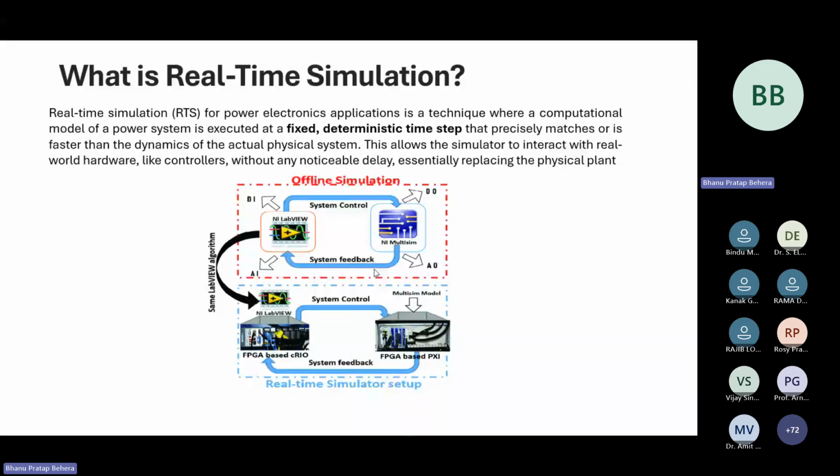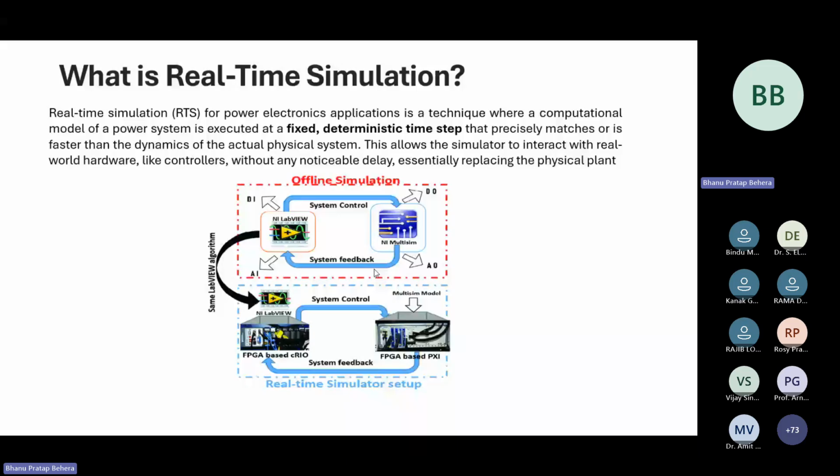In some cases, the actual target cannot be created or made into a prototype. In that case, we should use a real-time simulator to validate our control logic. And in some plants, we can make a prototype of the plant through which we can test our control logic also.